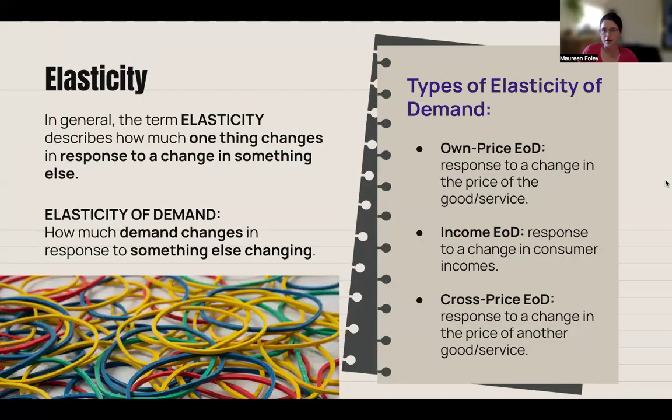Okay, so first off, what is elasticity? All of you are probably familiar with the term elastic. A rubber band is something that we call elastic. A stretchy t-shirt is elastic. So economists use the term elasticity in a similar way. They use it to describe how much one thing changes in response to a change in something else.